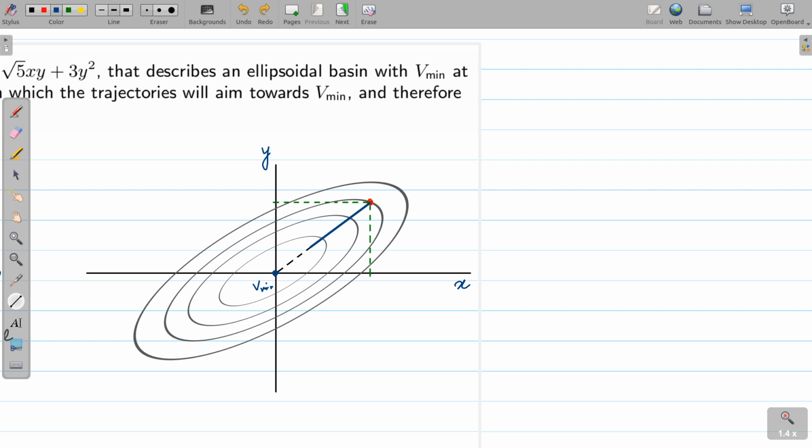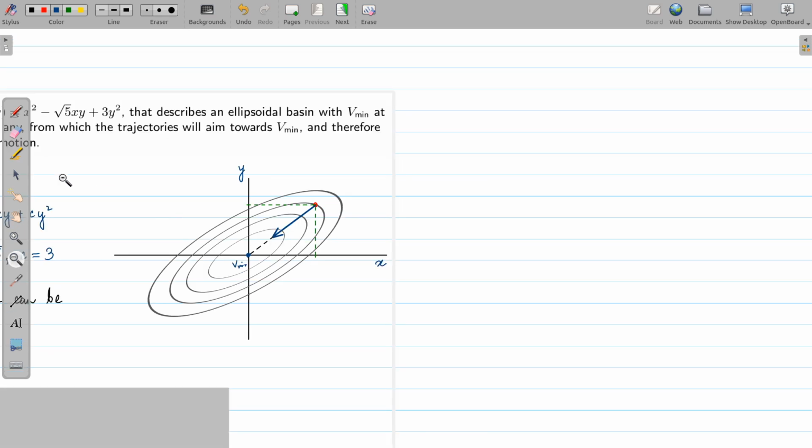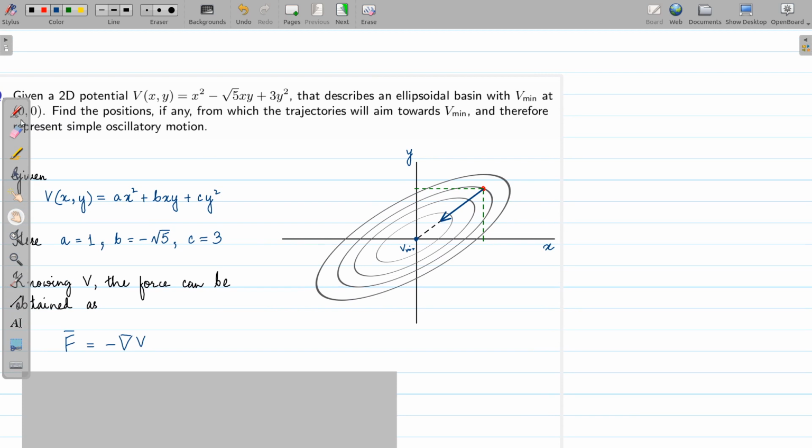So the force is going to be something like this. So this will be the direction of the force. That's the force vector F, and it should be in this direction.